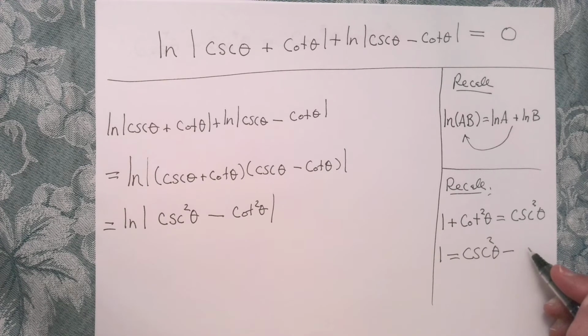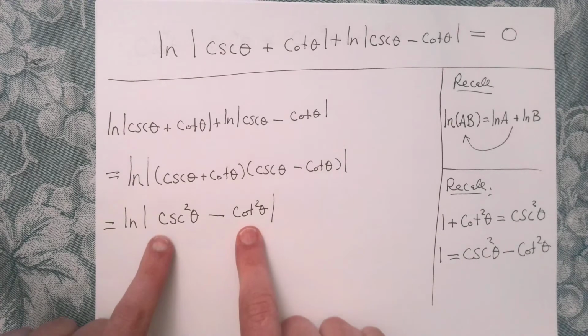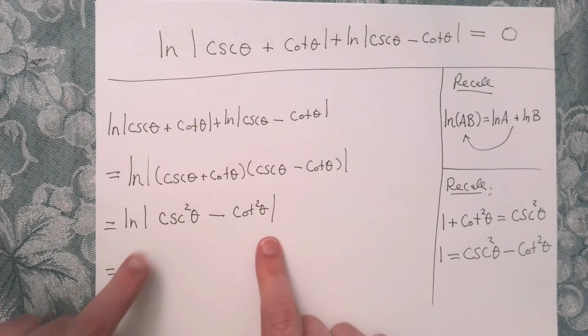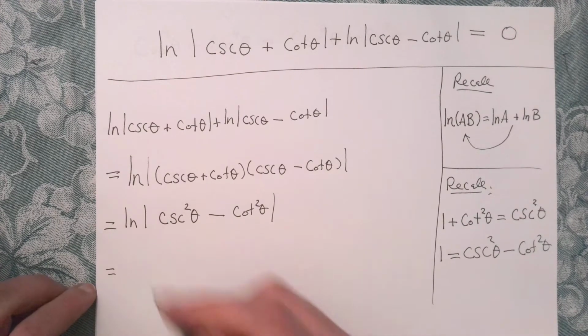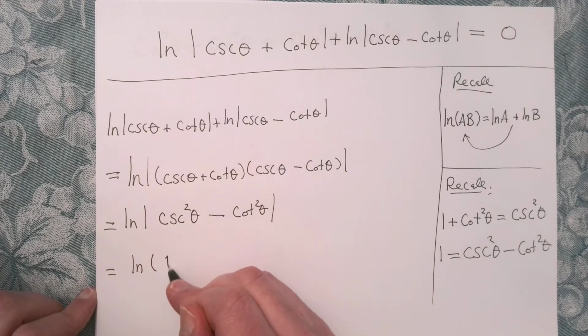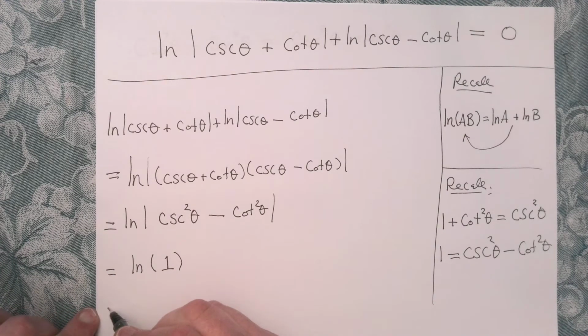And that seems very nice. So this difference is exactly 1. Well, 1 is positive, so I don't need absolute values here. It's not wrong to keep them, but I certainly don't need them. And of course, we know the natural log of 1 is 0. And that's because e to the 0 is 1.